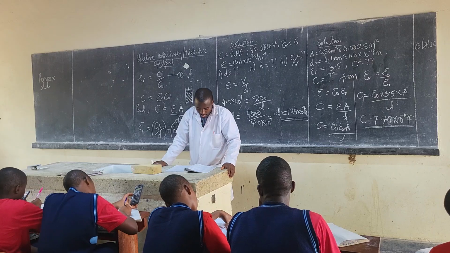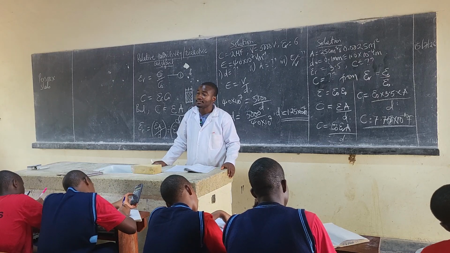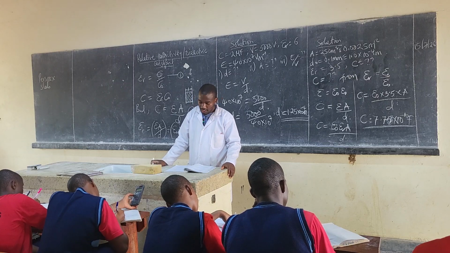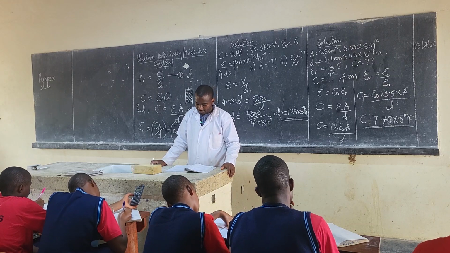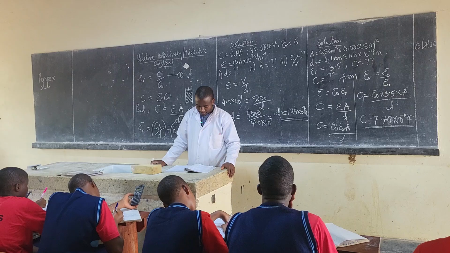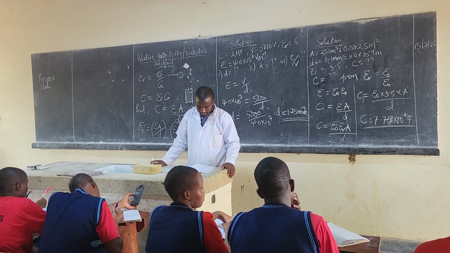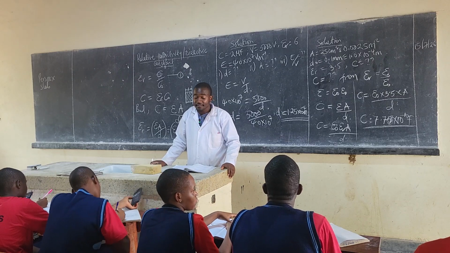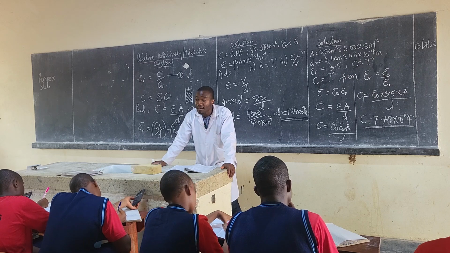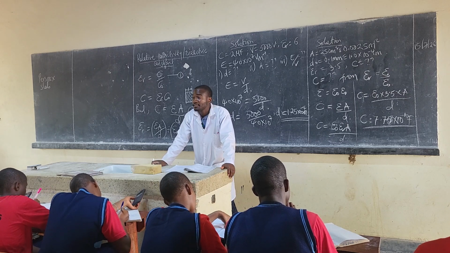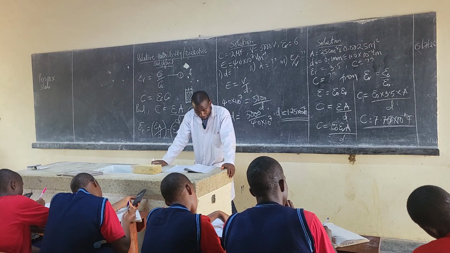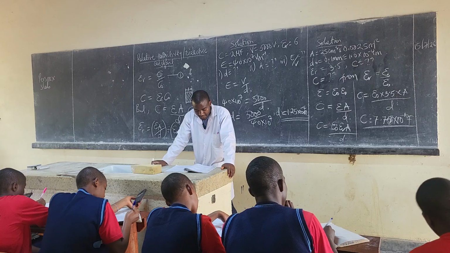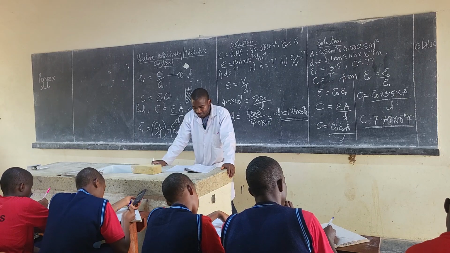Roman 2, charge on the plates. Roman 3, electric field strength in the gap between the plates.